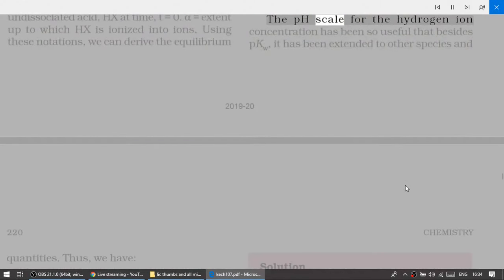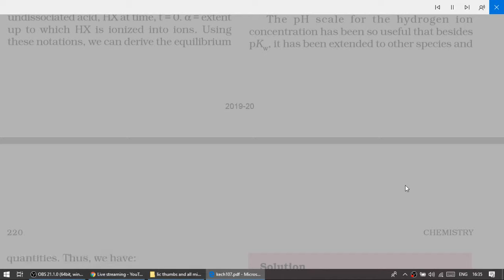The pH scale for the hydrogen ion concentration has been so useful that, besides pKw, it has been extended to other species and to other chemistry quantities.